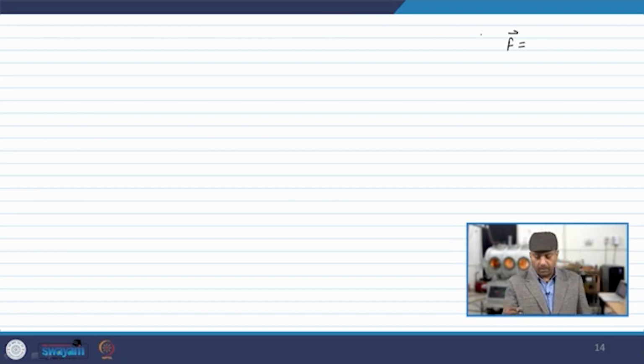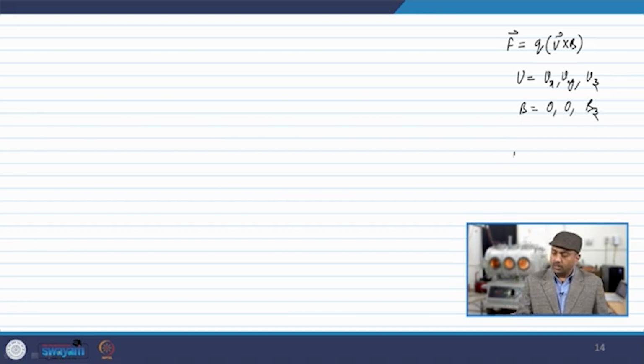If we have such a configuration, we will go to the parallel and perpendicular components in a moment, but first the force is F equal to q times v cross b, right. So, v is vx, vy, vz, and b is 0, 0, Bz. V cross b is the determinant of i, j, k; vx, vy, vz; 0, 0, Bz, right.